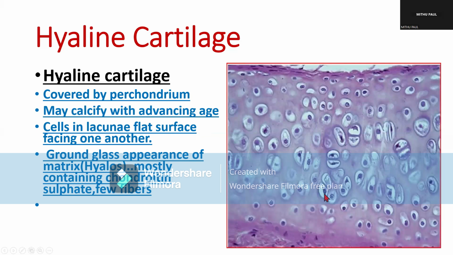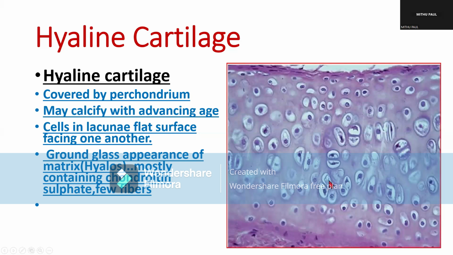These clusters of 2 to 4 cells are known as the cell nest. These cells secrete the intercellular substances, which are deposited surrounding the cell nest. These are known as the territorial matrix.